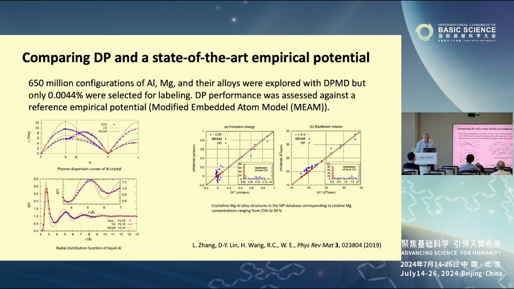Also, we considered various alloys made by magnesium and aluminum, with composition ranging from 25 to 94% relative concentration.